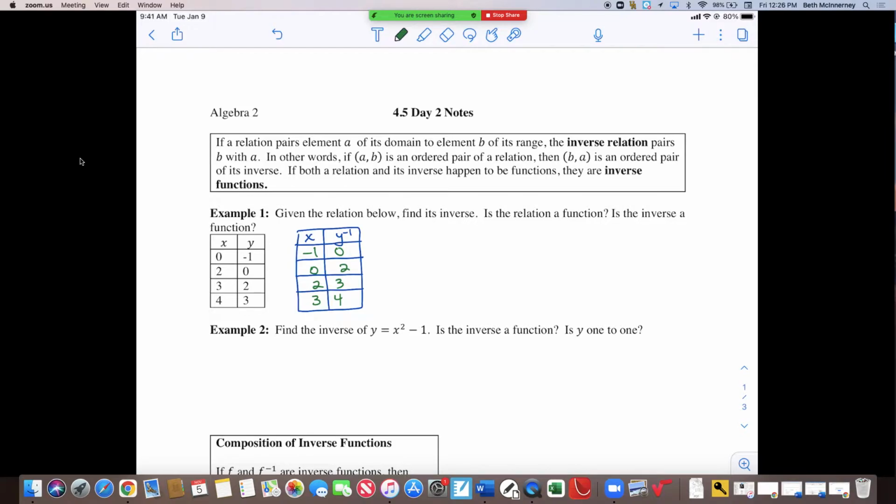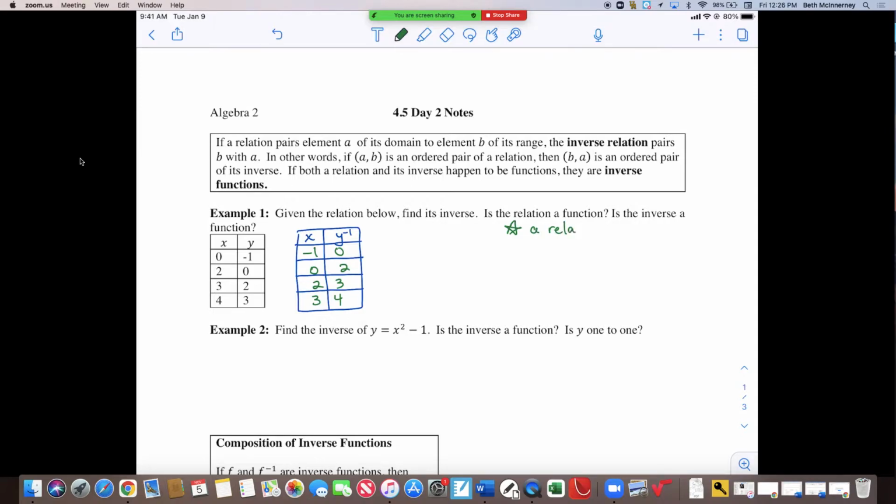That simple. Now I'm going to ask you a couple of questions that go back to Unit 3. Is the original relation a function? Yes. How do you know? Yeah, Becca? Awesome. That's it exactly. So let's refresh our memory in case we need it, even though we did it yesterday.